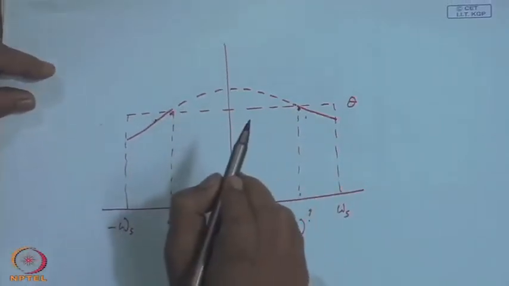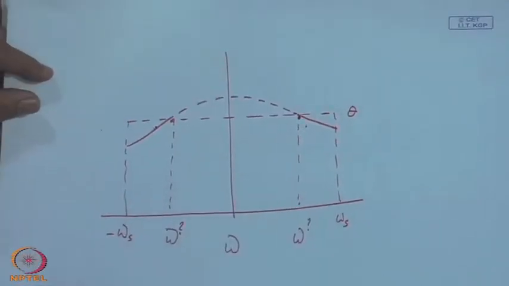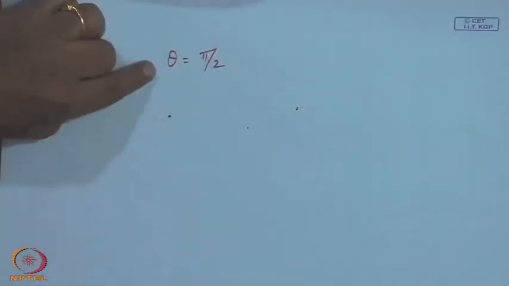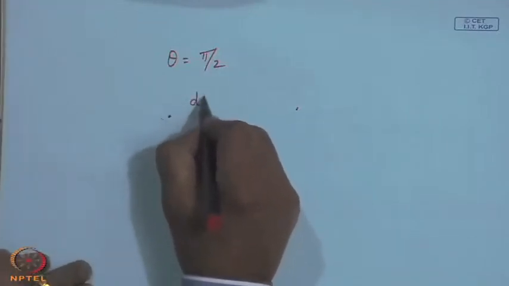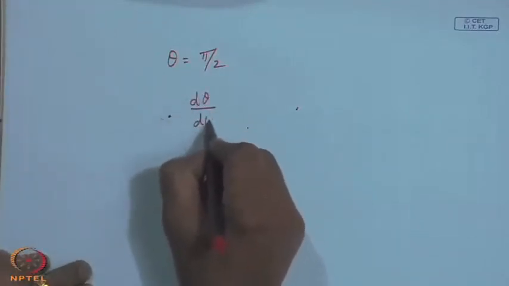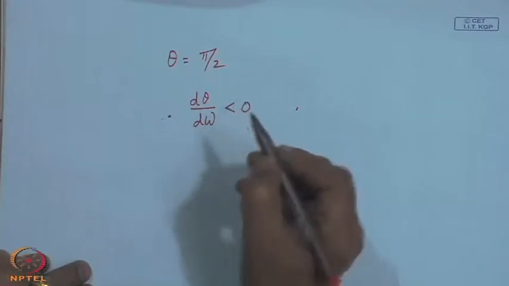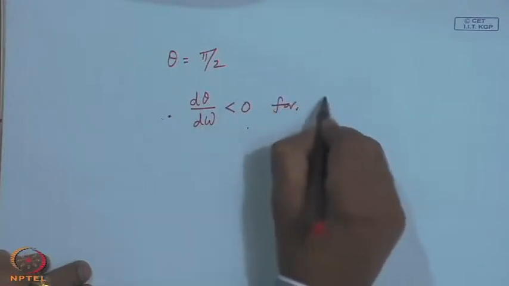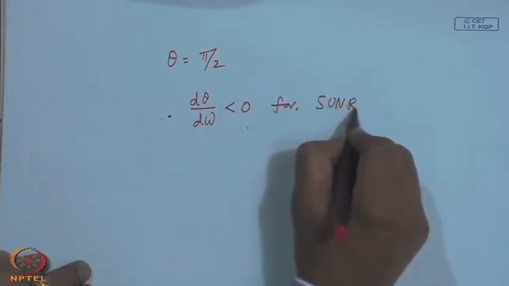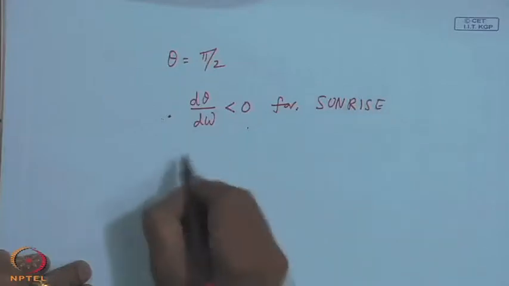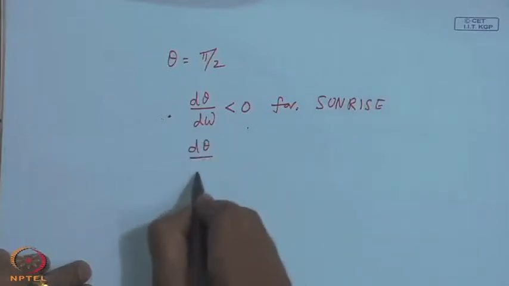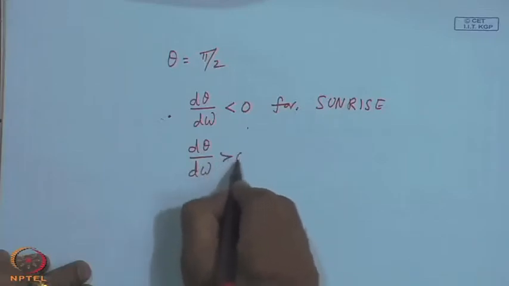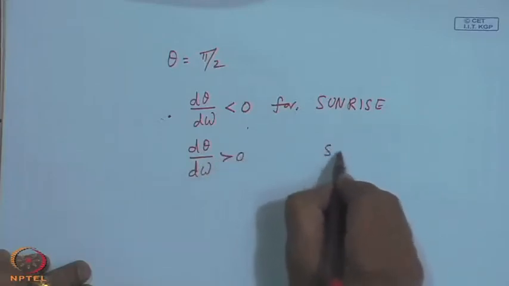So, I will additionally qualify with my experience of general south facing surfaces, not only theta is equal to pi by 2, d theta upon d omega should be less than 0 for sunrise and d theta d omega greater than 0 for sunset.